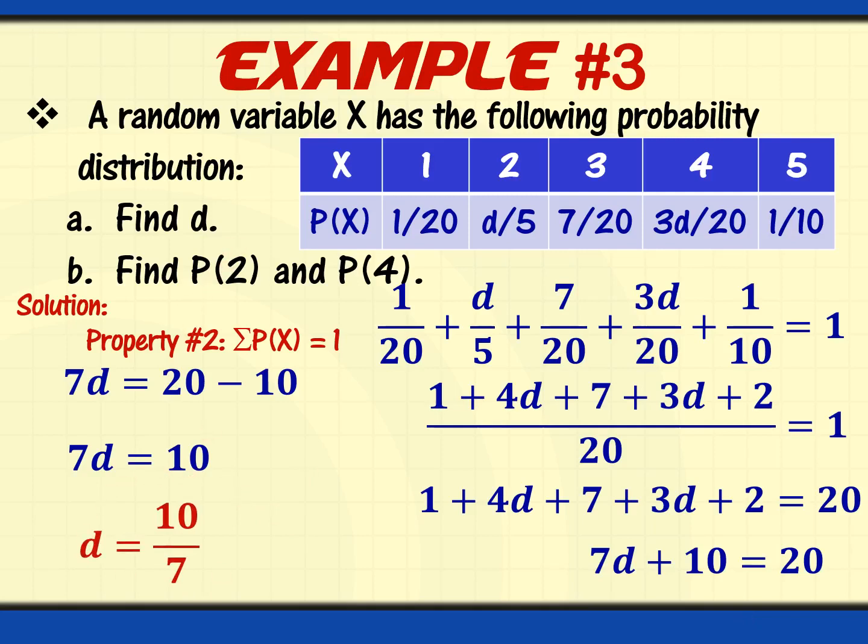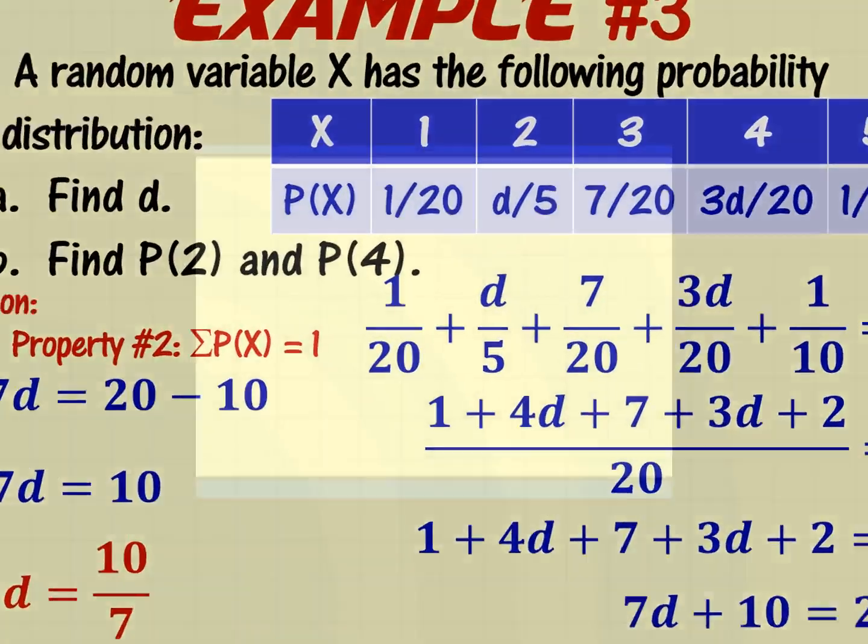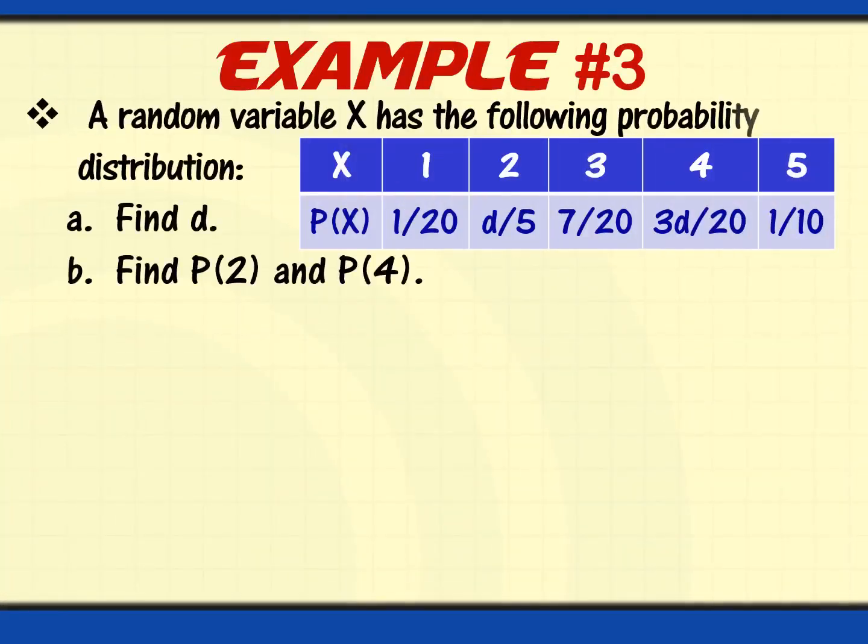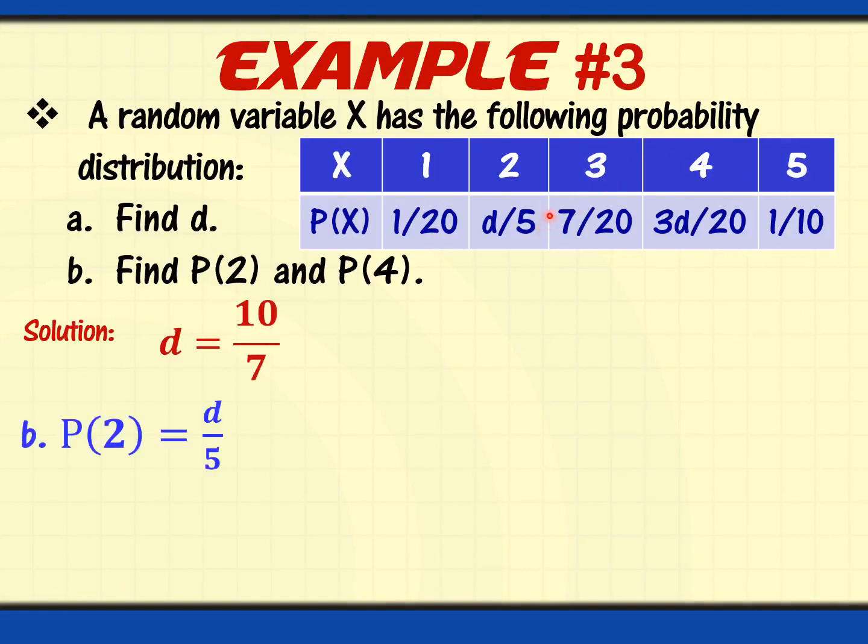Now to find P of 2 and P of 4. So we have here the values. For P of 2, you have the expression d over 5. So we just simply substitute: d is 10 over 7 divided by 5. So this is in fractional form, or a complex fraction.